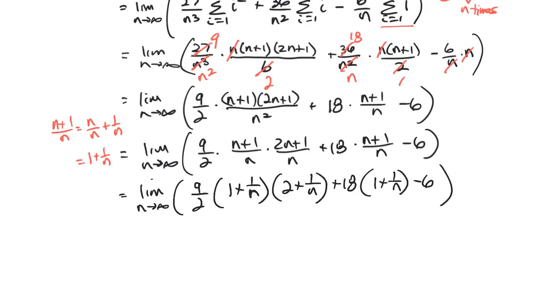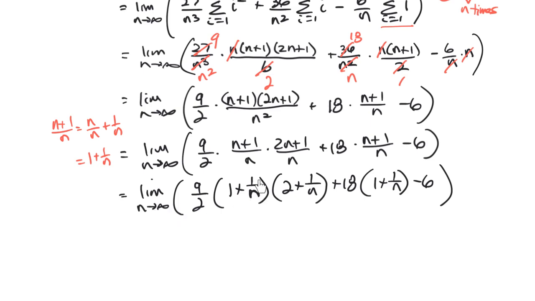I'm just algebraically rewriting these in a way where we can take the limit. Because the way it is right now, I can't take the limit because I would get infinity over infinity. But like this, algebraically, this is the same as this, and this is the same as this. But at this point, I can actually take the limit.